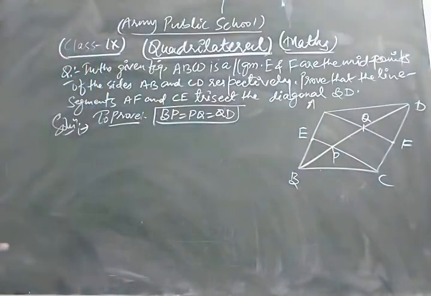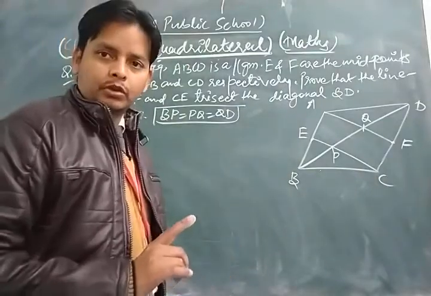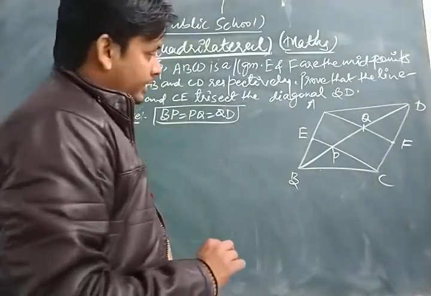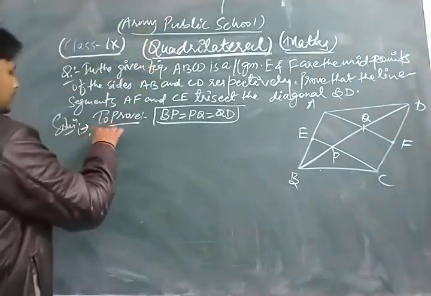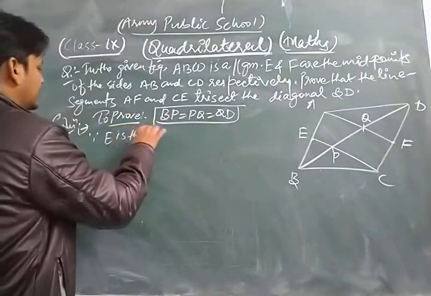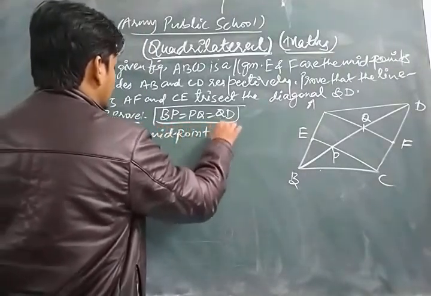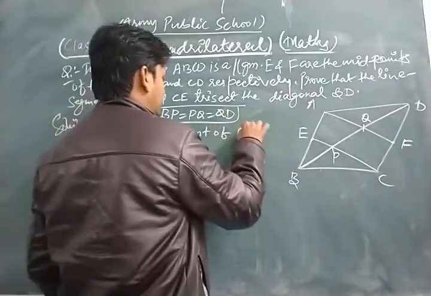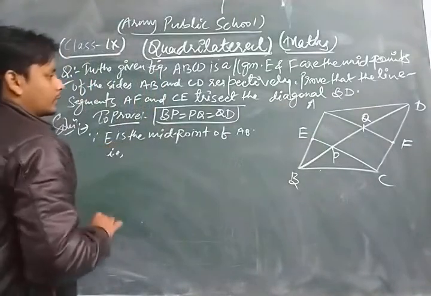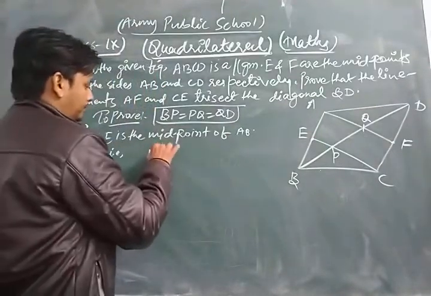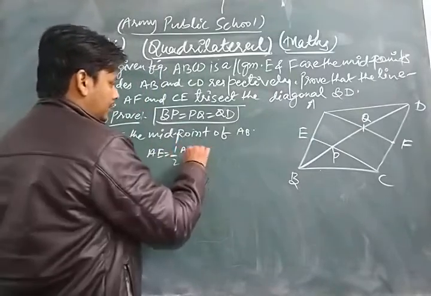First of all, ABCD is a parallelogram. Now, E is the midpoint of AB, that is AE is equal to half of AB.